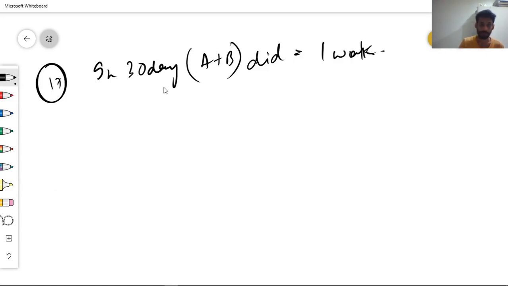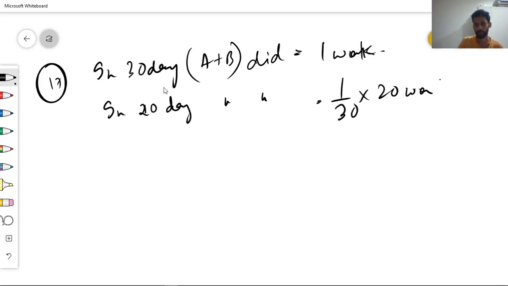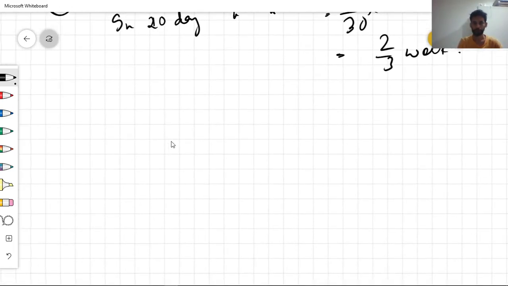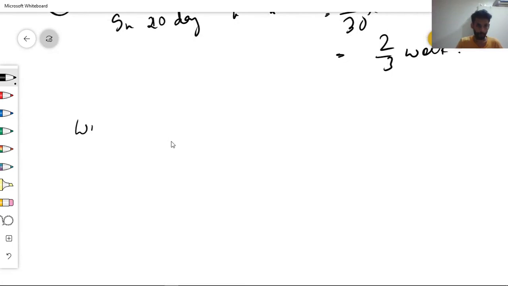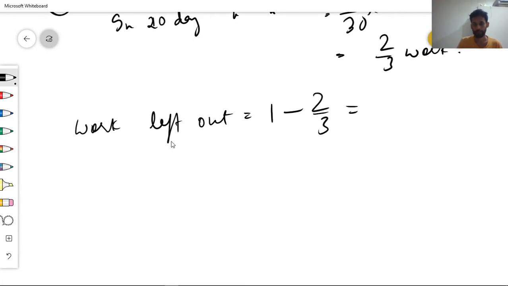Okay, so in 20 days A plus B did work is equal to 1 by 30 into 20 work, so that is 2 by 3 work. 2 by 3 work. So work left out will be 1 minus 2 by 3, that is 1 by 3 work.